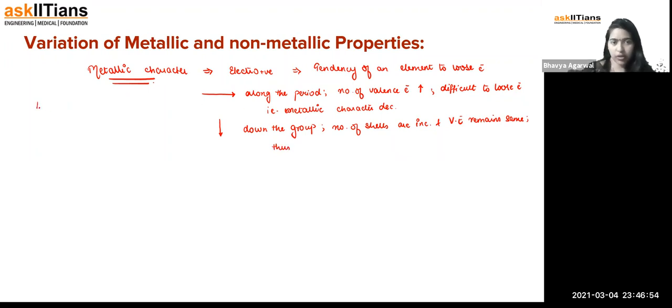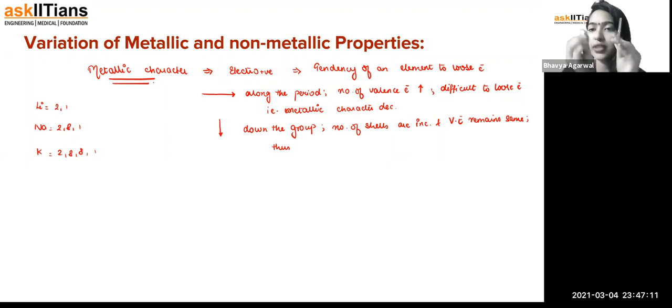If I talk about lithium, sodium, and potassium, see again. In lithium, this electron is here.